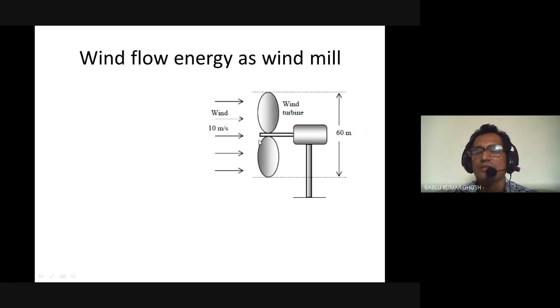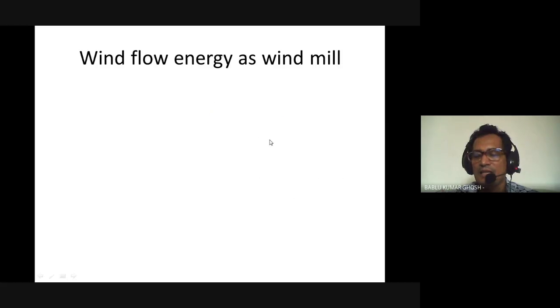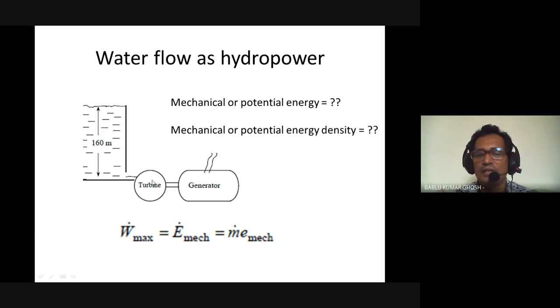So such rotation, this mechanical rotation torque, is coupled to the generator at the back, and that is similar to here. This rotational torque coupled with the generator will produce electricity.